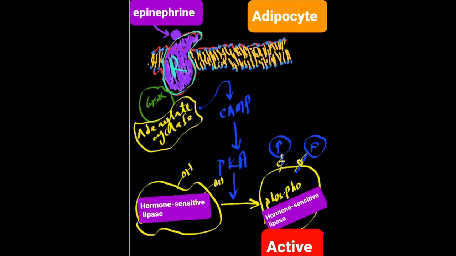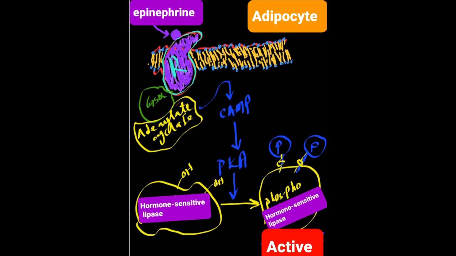The three fatty acids and glycerol released from adipocytes due to the action of hormone-sensitive lipase are then released into the bloodstream, transported through binding to serum albumin, and will be picked up by various tissues, including the liver that will pick up fatty acids and glycerol.